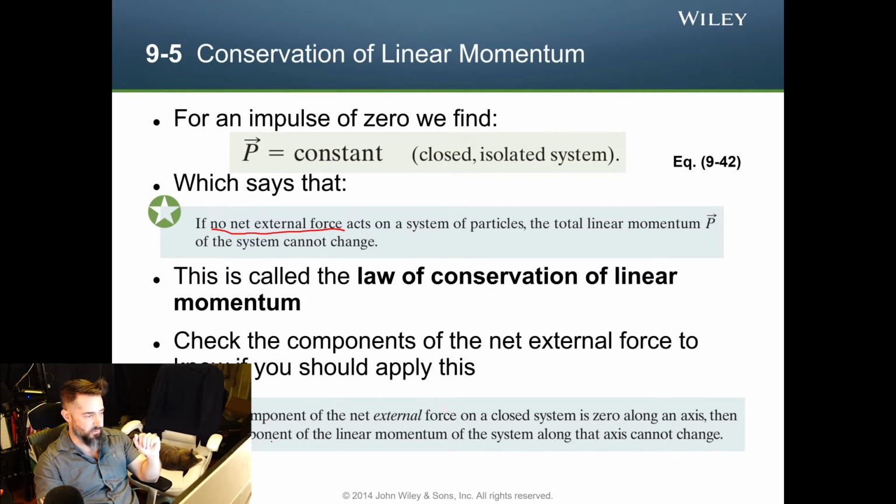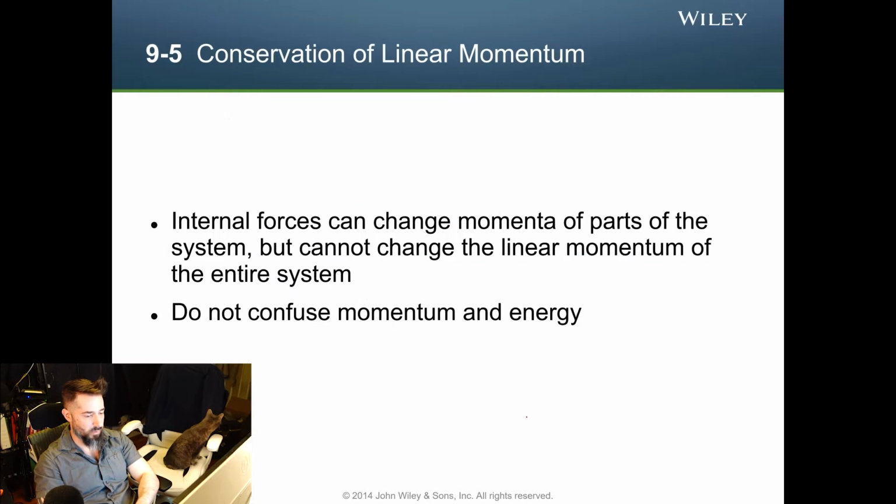Again, conservation of linear momentum. Again, no net external force. So if you have opposing external forces and they cancel each other out, there's no net external force. That means it's also conserved. So don't take it to be just that there is an external force, therefore the momentum's not conserved, right? It has to be a net external force.